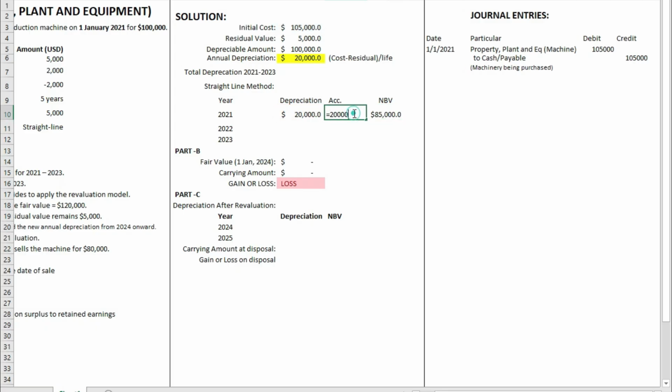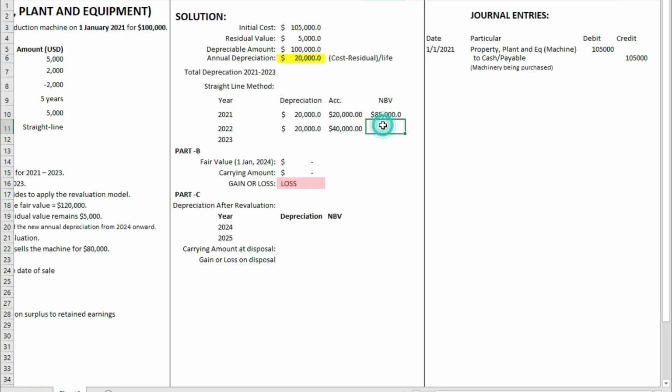So this is our first year's depreciation, and for the next year we will calculate the depreciation the same way. I'm making this absolute with the dollar sign, and the accumulated depreciation would be this plus this.